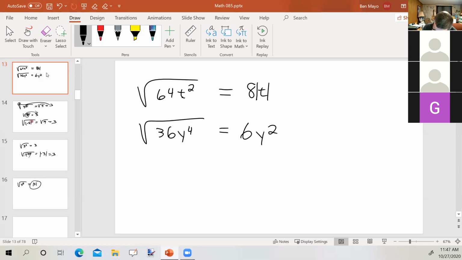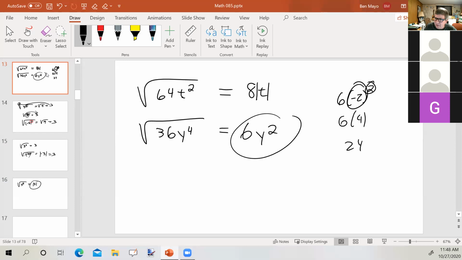Let's just say that y is -2. If y was negative and you squared it, it would still be positive. So I don't need any absolute value bars there, because there's no way that answer can be negative. If y is negative and you're taking a negative times itself, it becomes positive. Okay, I get it now.